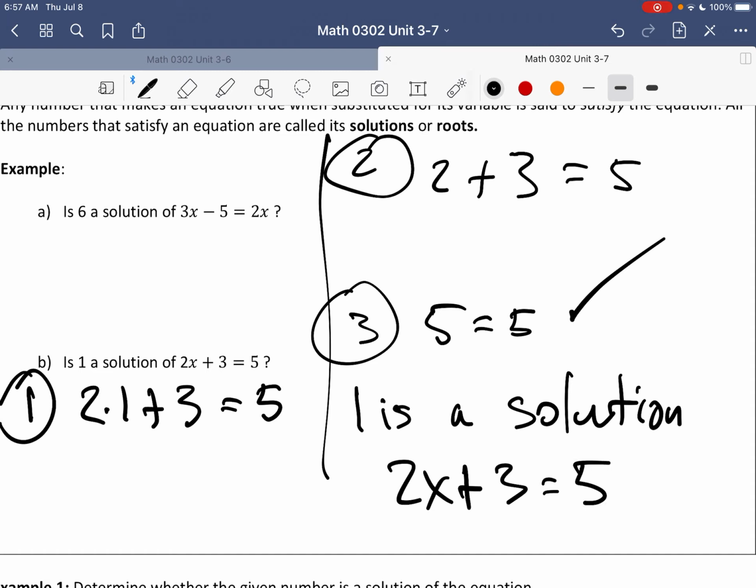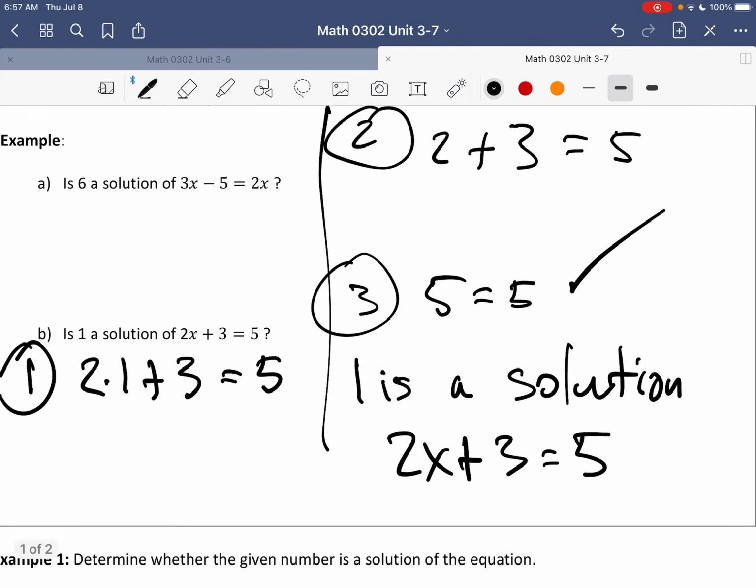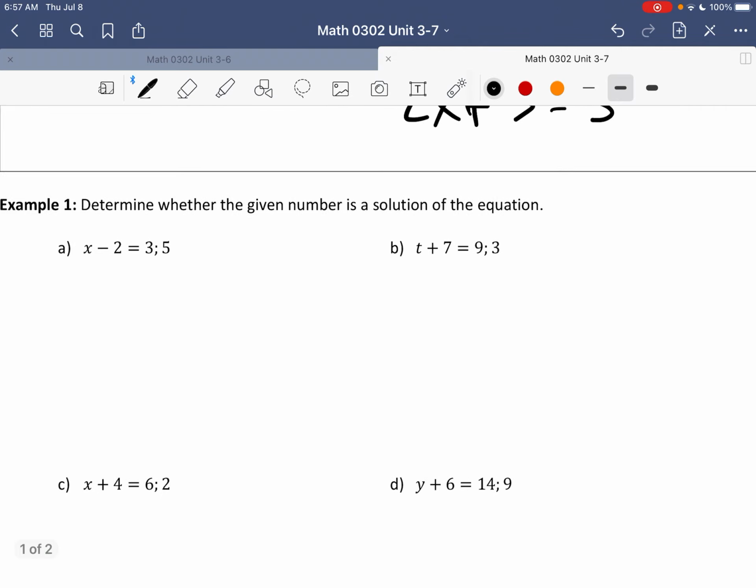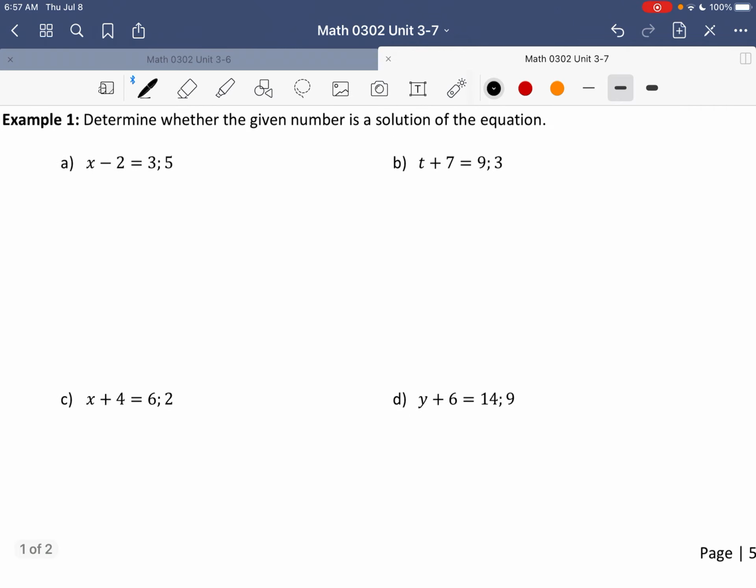In follow-on courses from this one, you'll start seeing the reason why the number 1 is a solution to the equation, and then why it's the only solution. But for now we're just verifying to see if certain numbers that were given really are solutions to the equations.